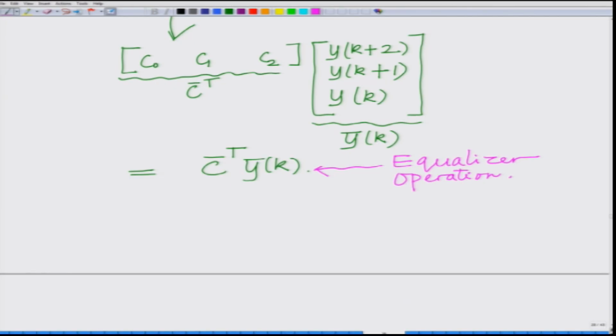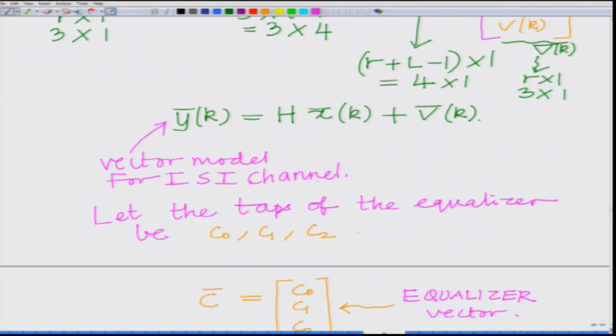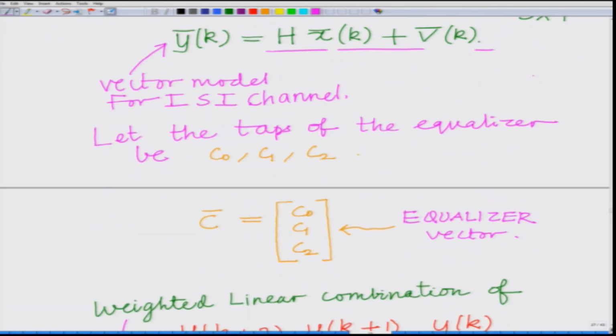Now, if I substitute the expression for y bar k from above, I have already derived the expression y bar of k equals H x bar k plus v bar of k.